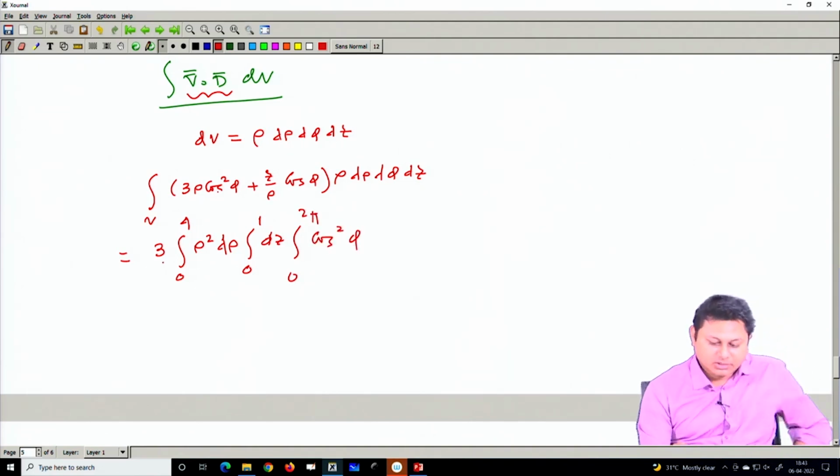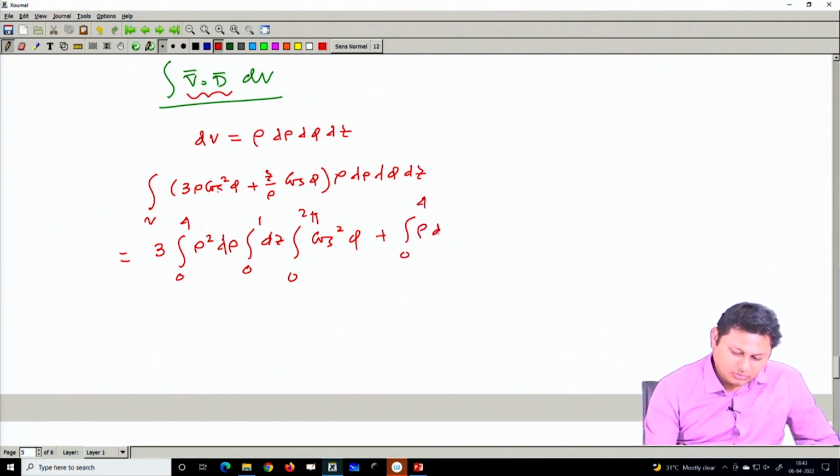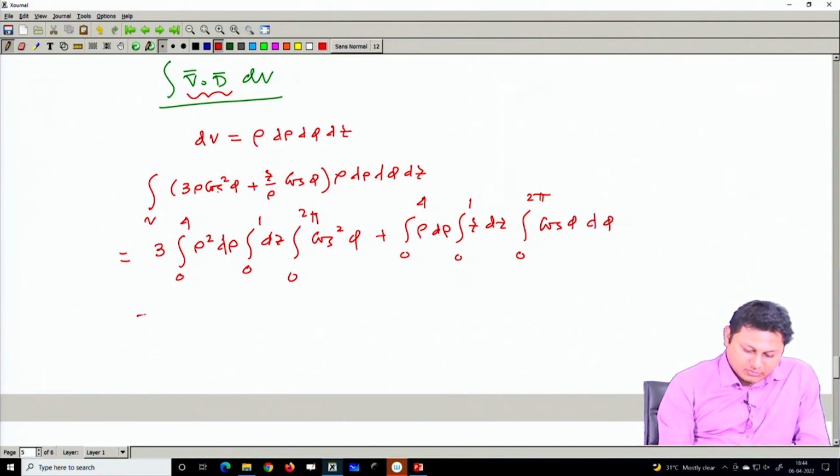That is the first part. What is the second part? Second part is 0 to 4 and then rho d rho, and then z dz, the limit is 0 to 1, and then 0 to 2 pi we have cos phi d phi. Okay, we are almost there.